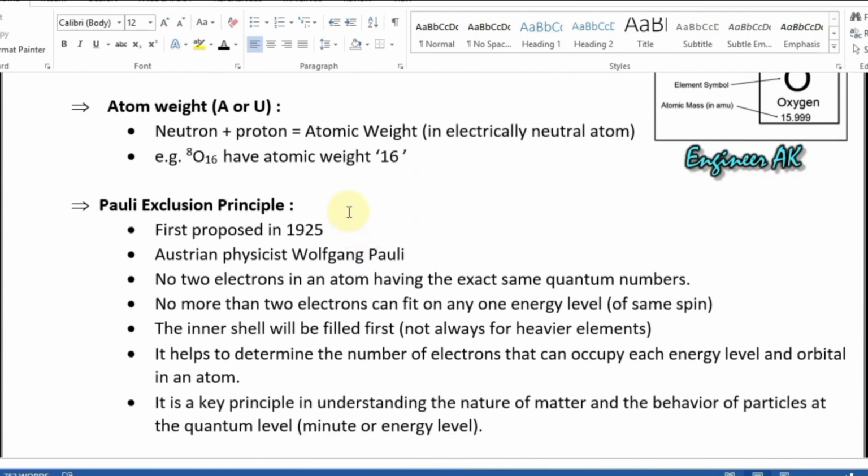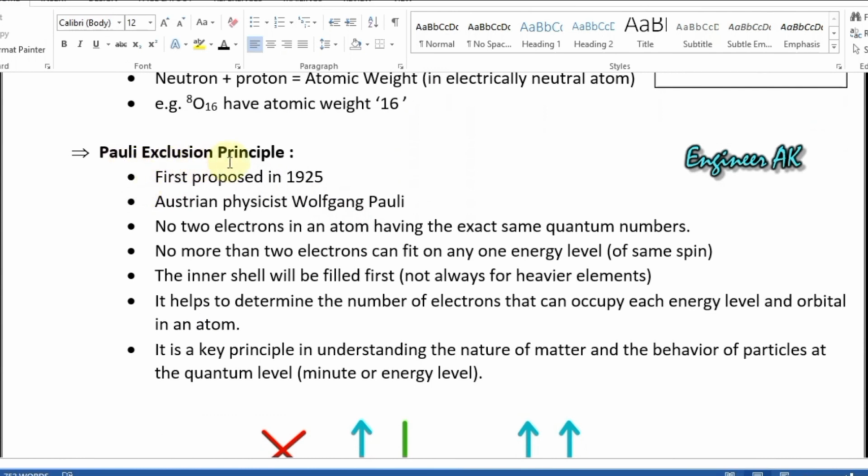Moving further, we have the Pauli exclusion principle. This principle was first proposed by the Austrian physicist Wolfgang Pauli in 1925, and it states that no two electrons in an atom can have the exact same quantum numbers.